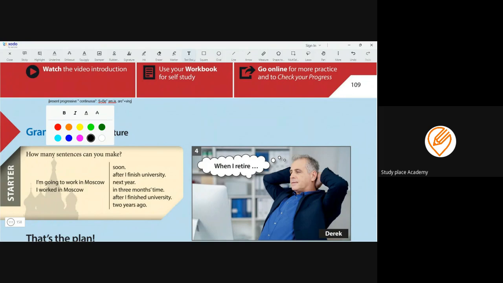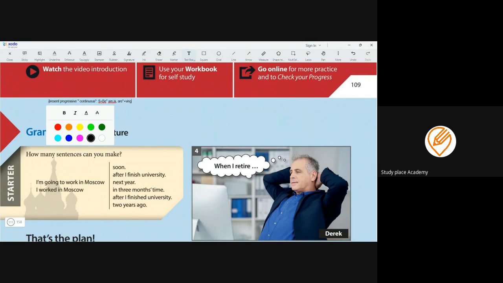So you can't use I will go. You can't use future will, because with will you may do it, you may not. It depends on the situation you are in. So maybe you will come, you won't go, you don't know. You just make this spontaneously, and all of a sudden, then you change your mind.